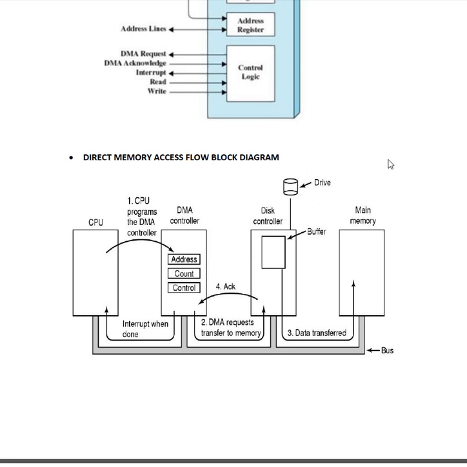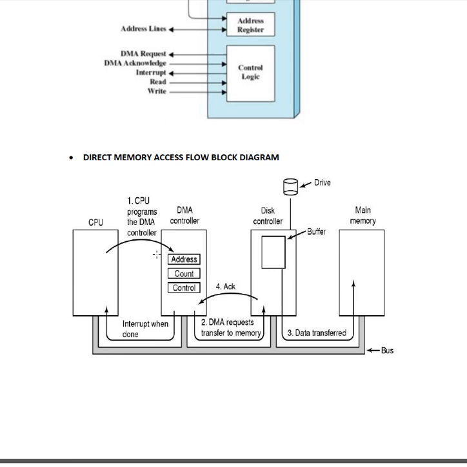Based on this, let us see this flow block diagram. In this flow diagram, we can see the CPU here, the DMA shown here, the disk controller, which is your drivers or the secondary memory, and the primary memory shown over here. The very first thing is that the CPU programs the DMA controller by setting its registers to specify what transfer has to take place.